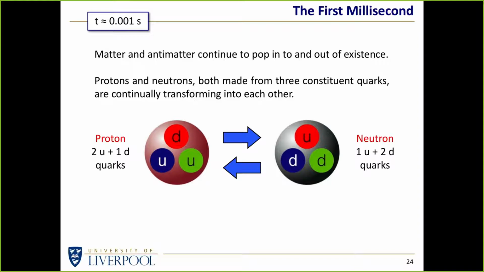So without worrying about why they do that, we can say that a particular combination of quarks makes a proton and a different combination makes a neutron, and they have very similar energies, so protons can change into neutrons and neutrons can change into protons simply by rearranging the mix of quarks in this bag of three particles.